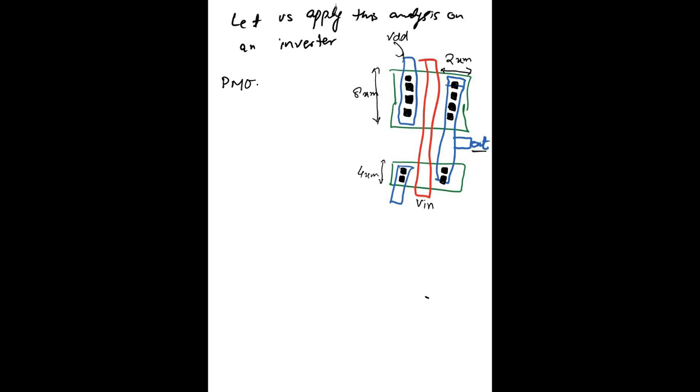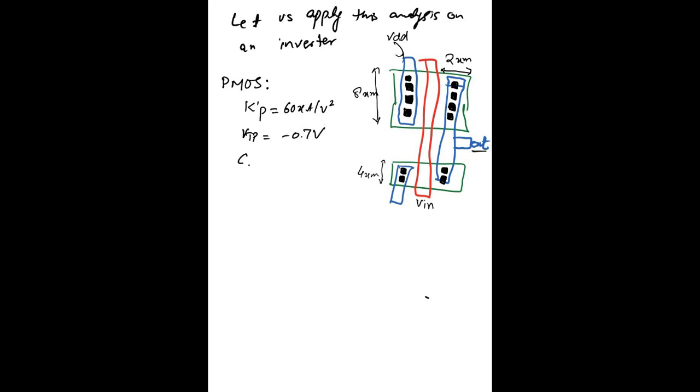The parameters for this PMOS are K bar P equal to 60 microampere per volt square. Then we have VTP, which is equal to minus 0.7 volts.